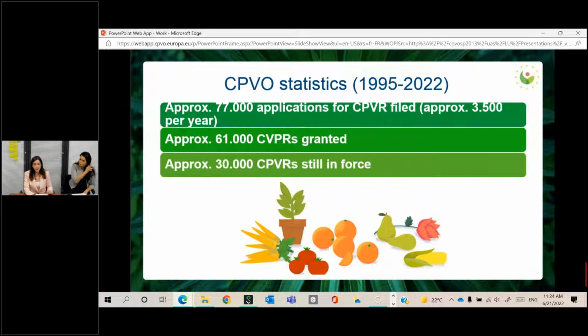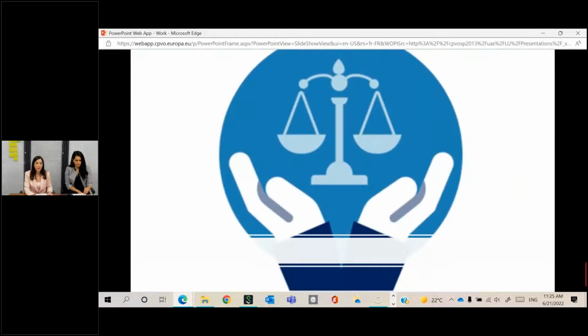From these applications, 61,000 Community plant variety rights have been granted, which is about 80% of the total number of applications. And nowadays we have more than 30,000 Community plant variety rights still in force, which is about half of all the CPVRs that have been granted in this period.